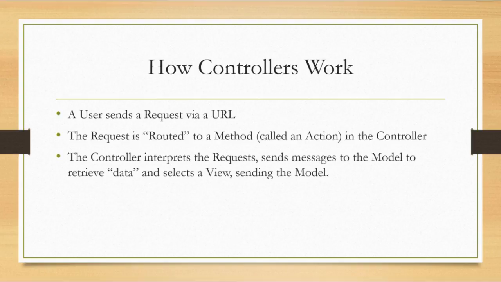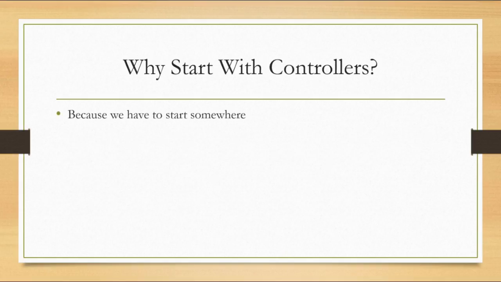The controller interprets the request, sends messages to the model to retrieve data, usually from a database, and selects a view, determines which view it will respond to or send the request to, and along with that, it sends the model to the view.